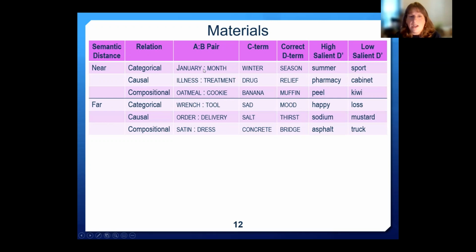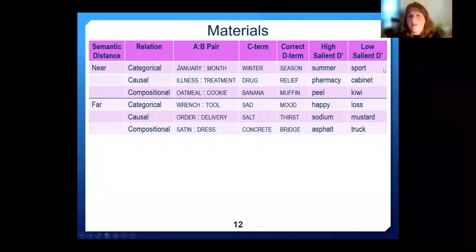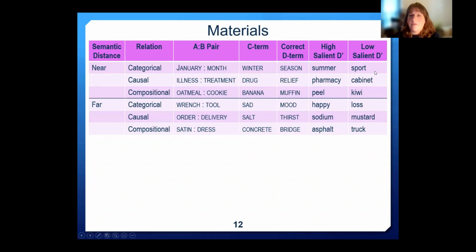So for instance, January is to month as winter is to season, with the high salient distractor being summer, having this opposite relation, and the low salient distractor being sport, having a temporal relation. So both the high and the low salient distractors obviously had a different relation from the analogical one.